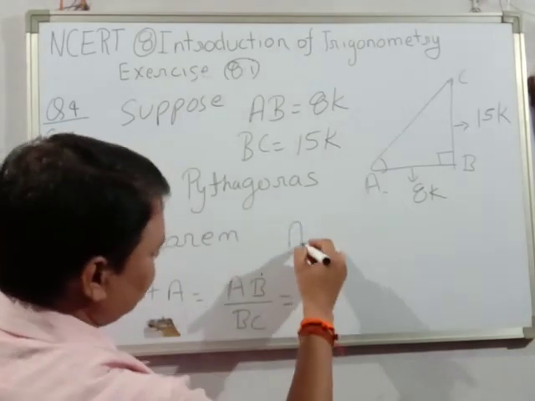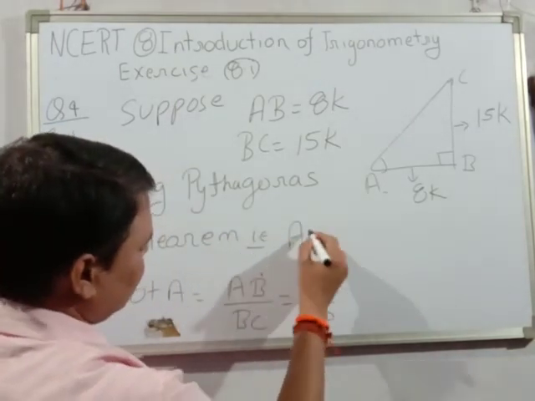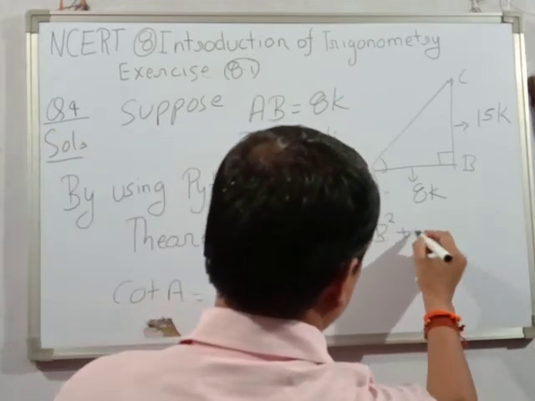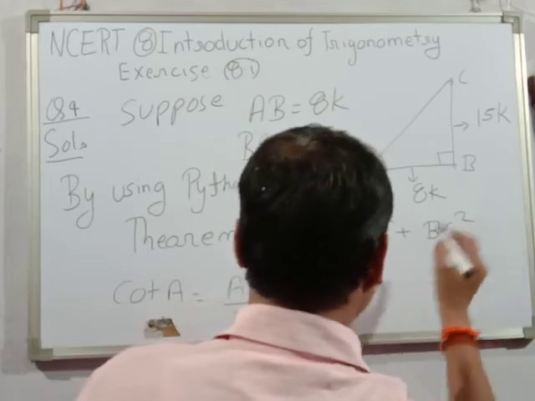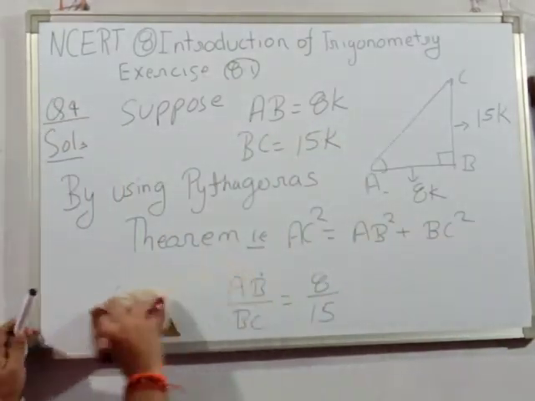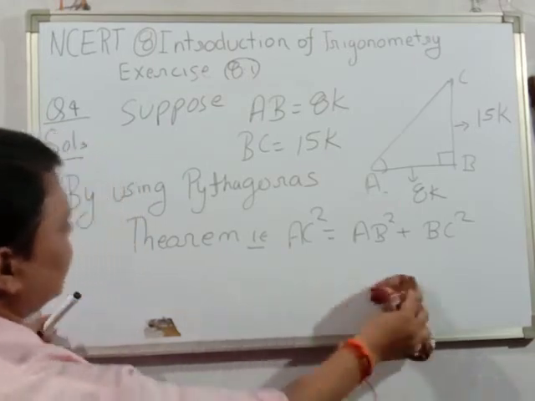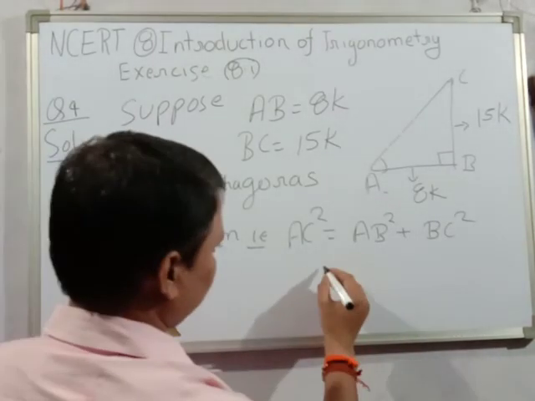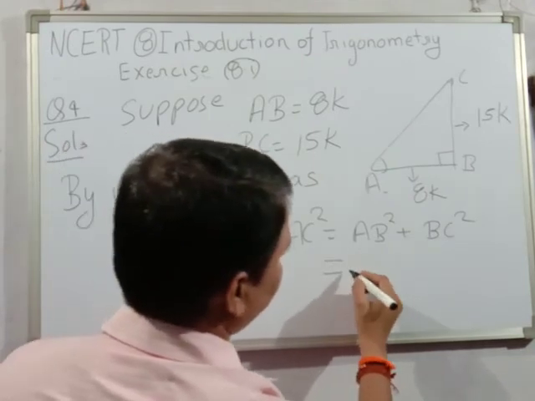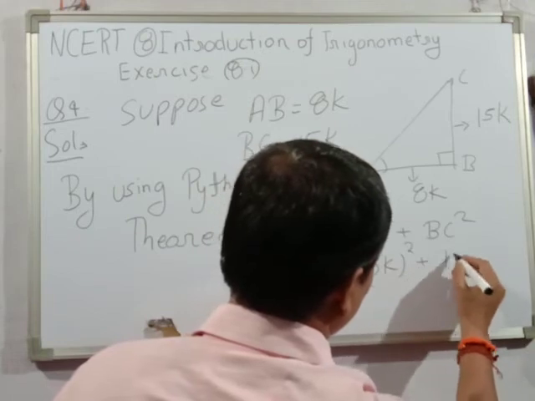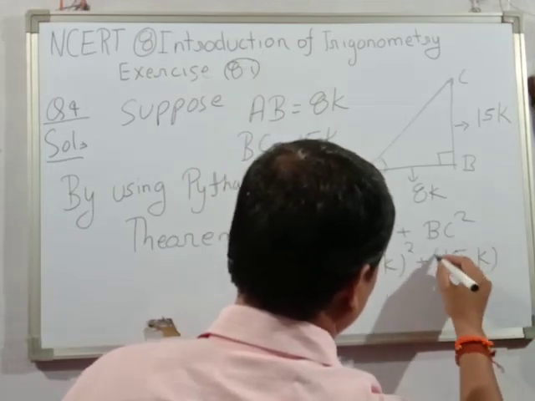AC square is equal to AB square plus BC square. AB is 8k square and this is 15k square.